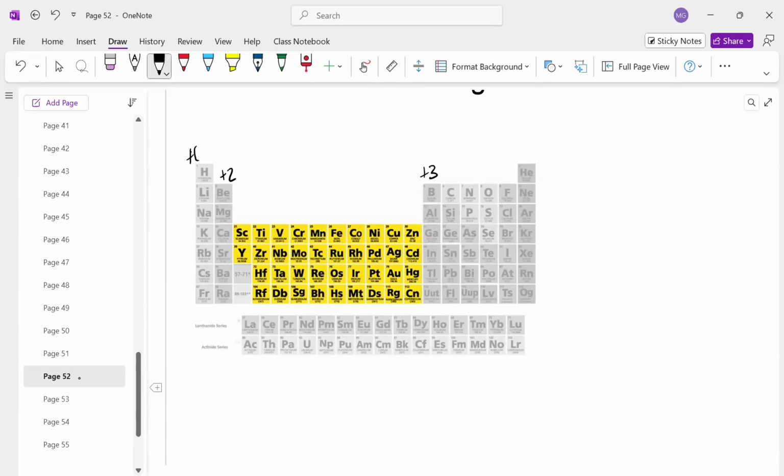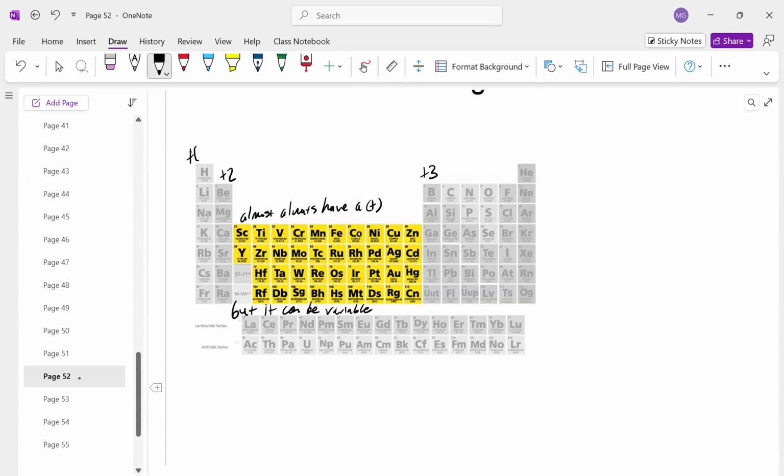The transition metals, though, almost always have a plus charge, but it can be variable.